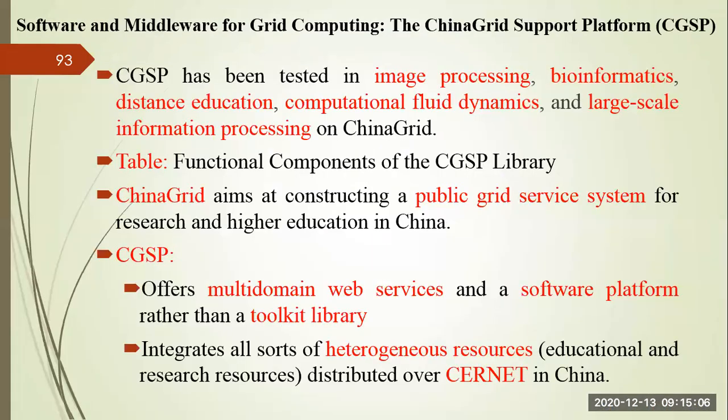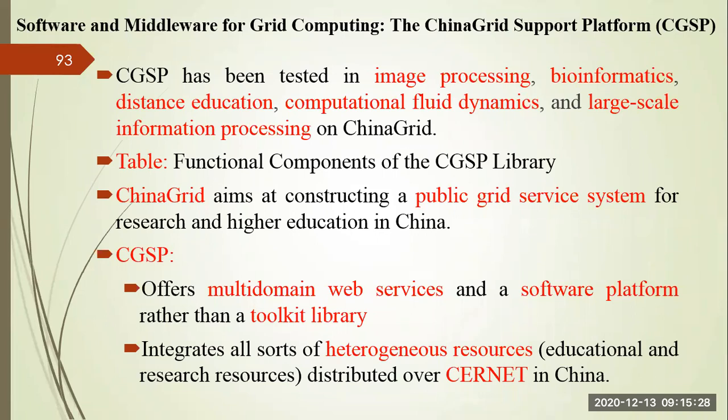So similar types of features are also provided by the China Grid Support Platform, that is nothing but maintained by China Grid, right? This CGSP, the China Grid Support Platform, was developed by 20 universities in China for building China Grid. I told you 20 universities are integrated together.